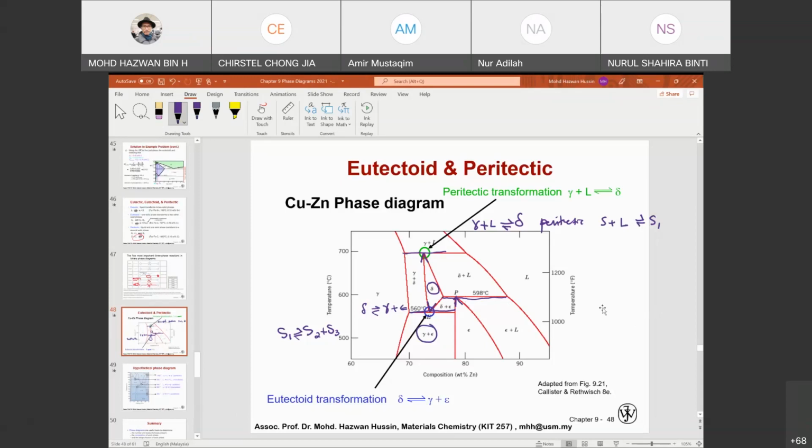Delta plus L. So delta plus L will be the reactant. And what will be the product? Epsilon. So what kind of reaction could be related? Peritectic.